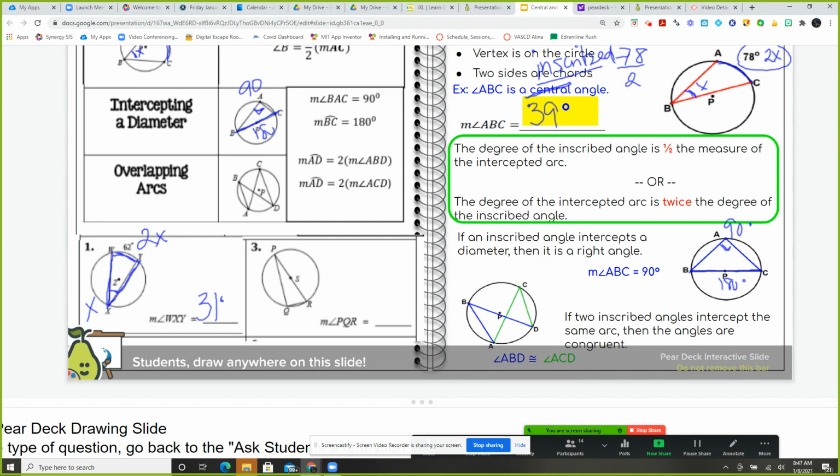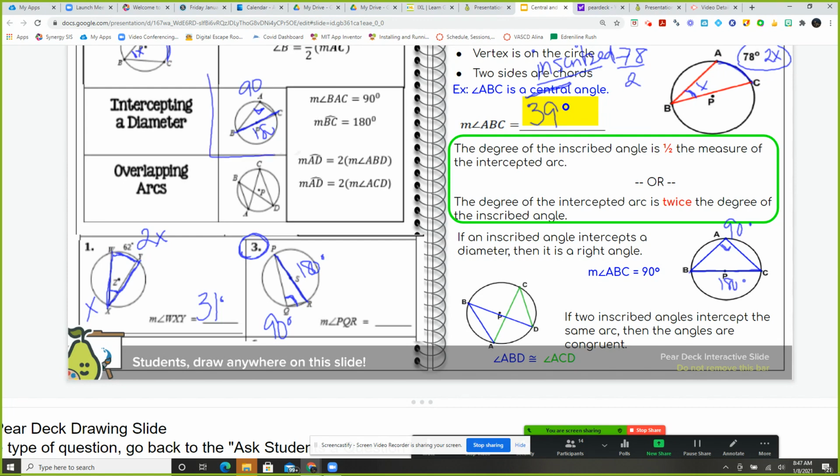Kind of hard to see. So if we look here at 3, PSR is a diameter, so that's 180 degrees, which means what angle is the right angle? Angle Q is 90 degrees.